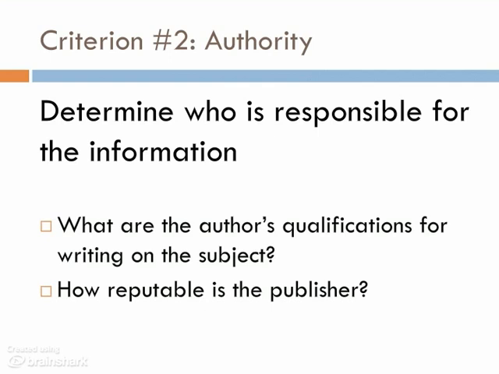Are they a qualified expert of the information? And also, how reputable is the publisher? Who published the information? Is it a company that you can trust that would be able to check the information and make sure it was accurate before it was published? So again, you want to make sure you know who is responsible for this information to begin with.